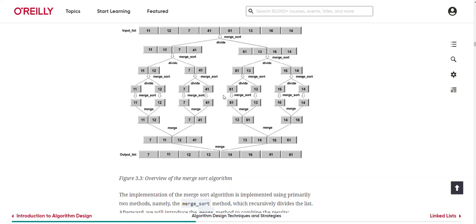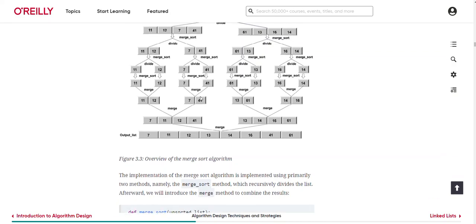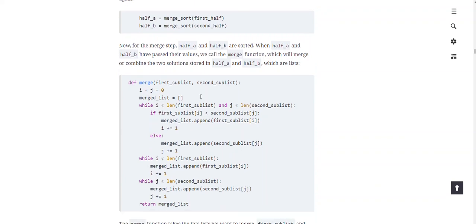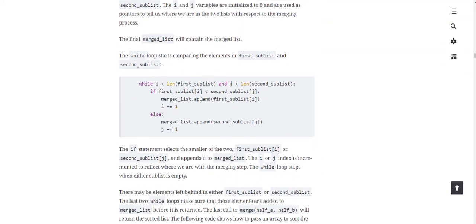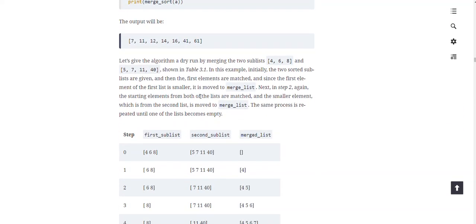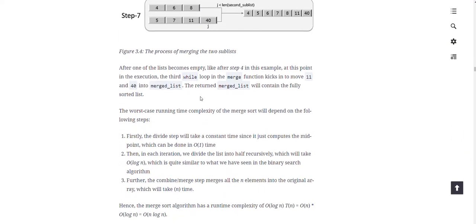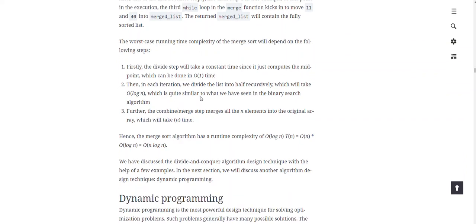And I have all these things happening at the same time instead of just looking at two, looking at two, looking at two. All of this is happening at the same time. So there's our merge sort. And we've got a cost associated with it.